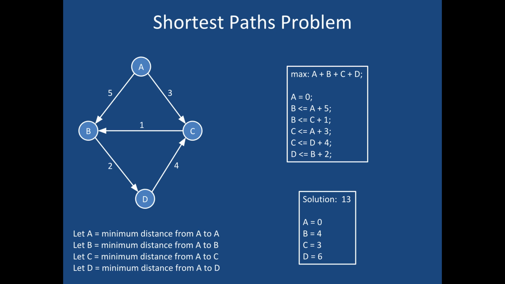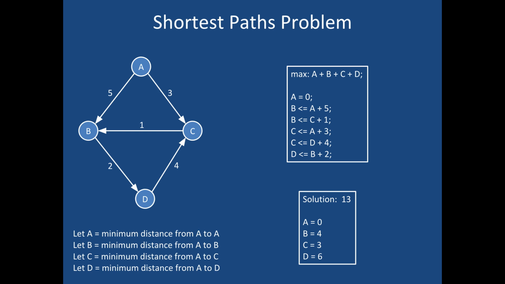Okay, interesting fact is that for every linear program, there's a dual. And by dual, what I mean is this is a maximization problem. It is possible to mechanically, via an algorithm, transform a maximization problem into an equivalent minimization problem.